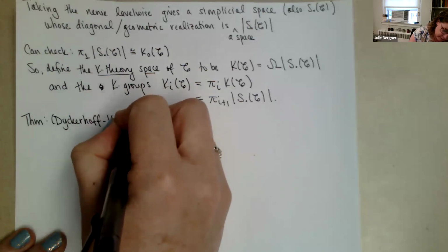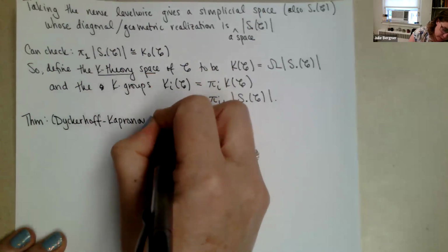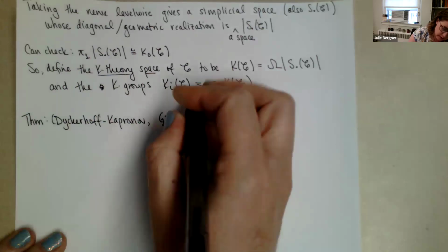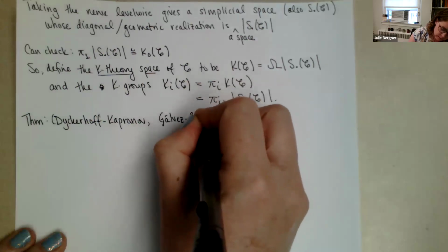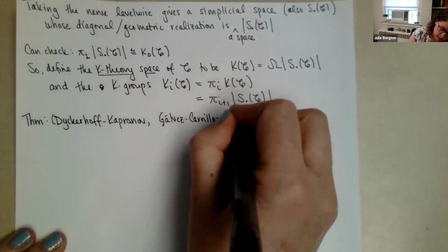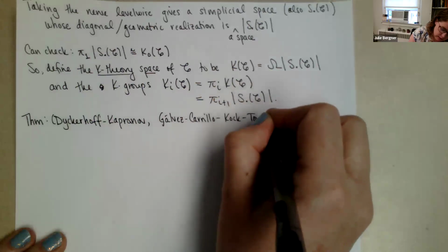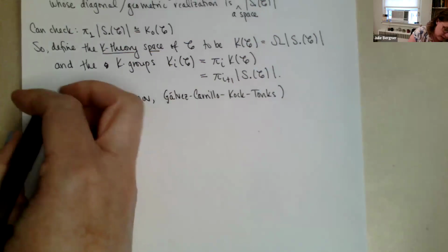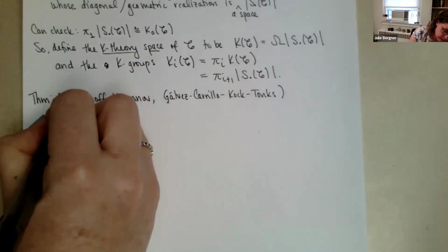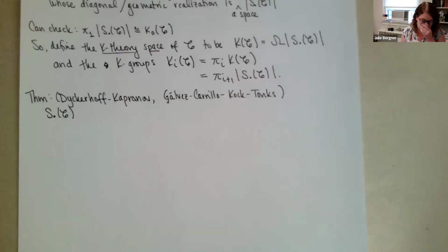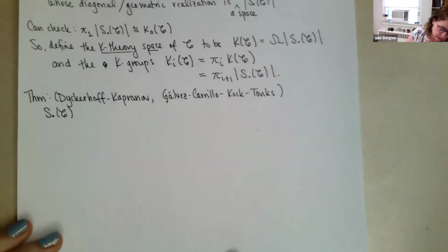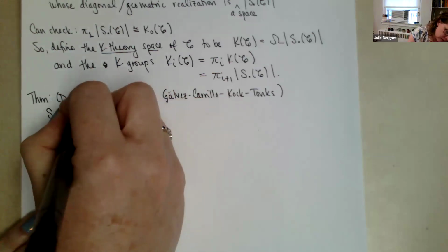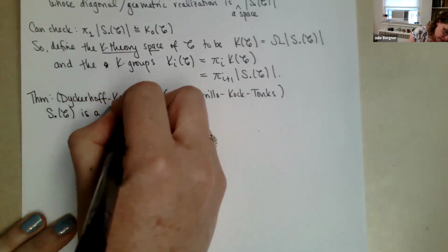So this is Dyckerhoff and Kapranov, but then this was also proved by Gálvez-Carrillo, Kock, and Tonks. And that is that, before we take this realization, if we just take S dot C, and again, you can think of this as a simplicial groupoid, I'm going to implicitly take the nerve and think of it as a simplicial space. This is a 2-Segal space.